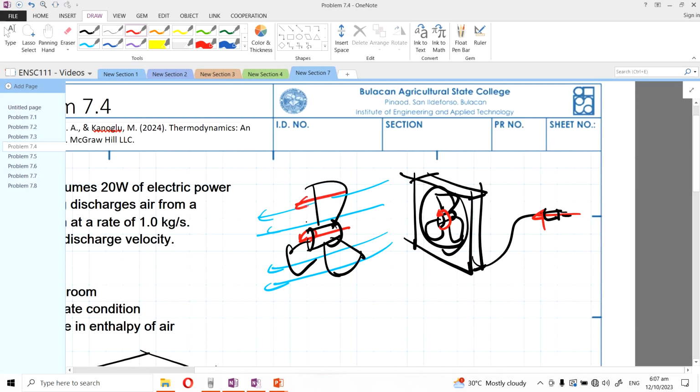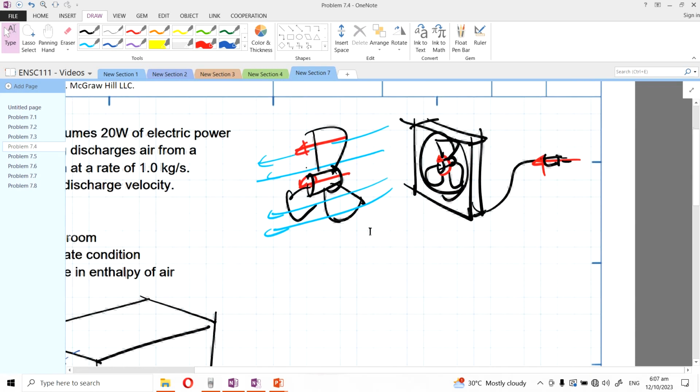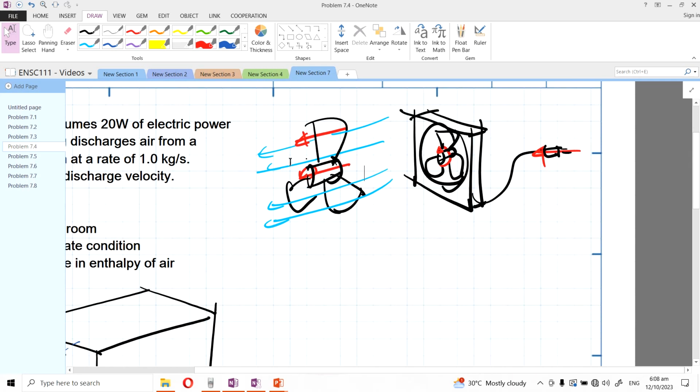The work is transferred, or the energy is transferred, to the moving air by hitting that air with the fan blades. In that way, it maybe increases the velocity or the pressure or whatsoever, right? So that's the idea about these fluid machines.